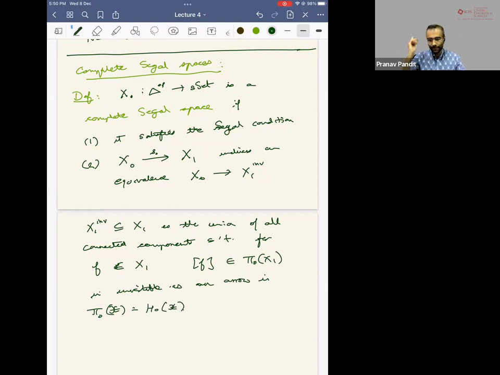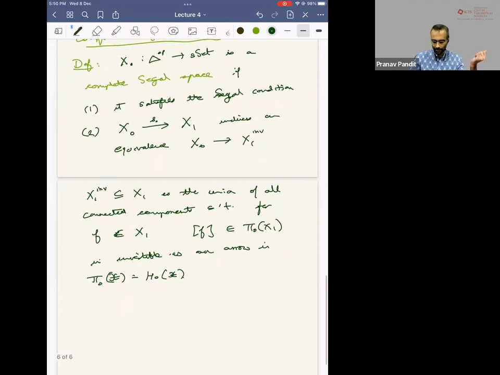Right? So every point in x1 defines an arrow in the homotopy category. It also defines an arrow in the infinity category, but it defines an arrow in the homotopy category. I want that arrow to be invertible. If that happens, I say that my point in x1, which represents an arrow, lies in this connected component x1 invertible, because x1 invertible is characterized by this property.